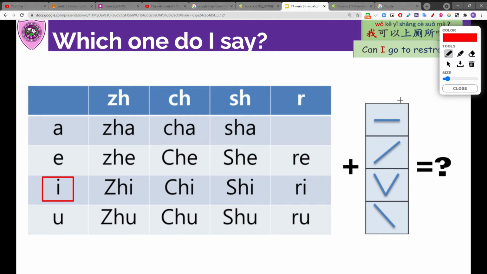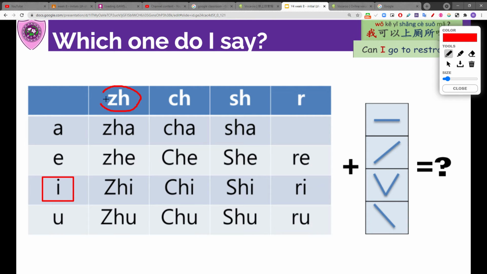You can take a piece of paper and write down the answer that I say, or you can use your whiteboard. Let's begin. Which one is the pinyin of 这? Do you hear the initial zh?